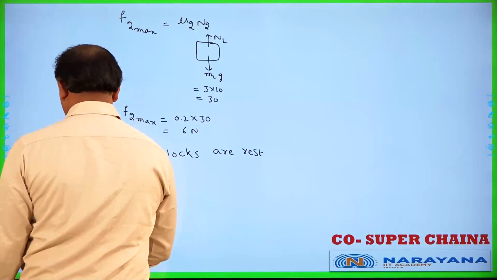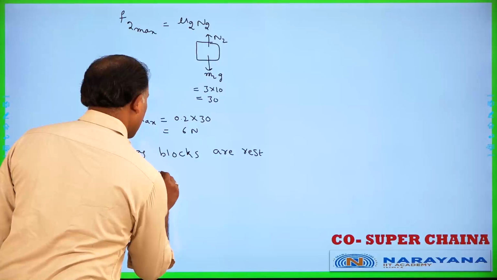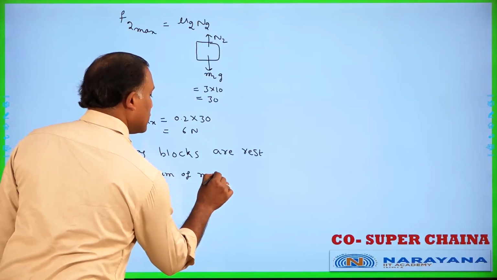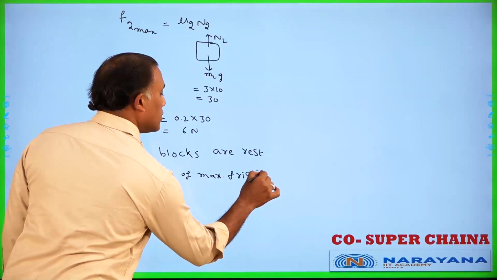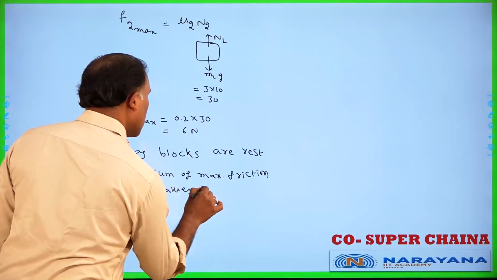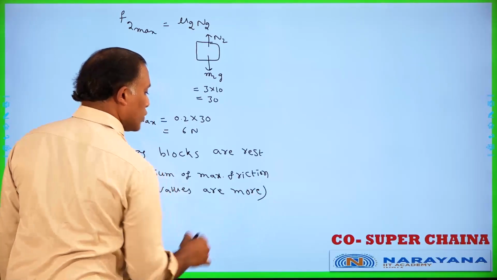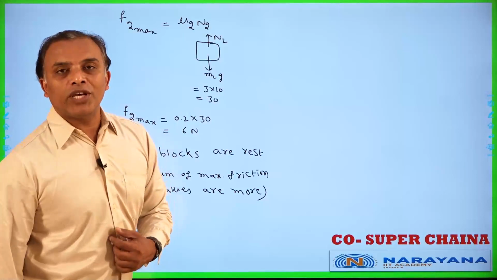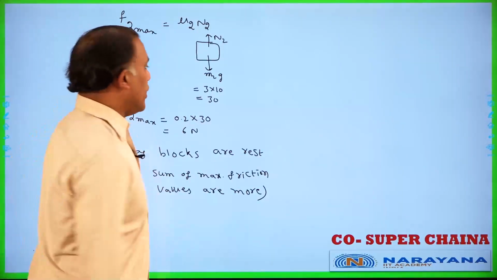If the sum of maximum friction values is more, then obviously the applied force is less, which means blocks will not move.